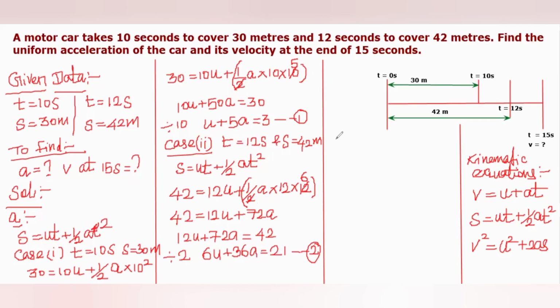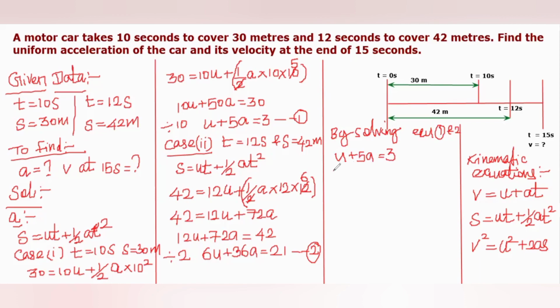Now we are going to solve the two equations, equation 1 and 2. First equation, u plus 5a equal to 3.